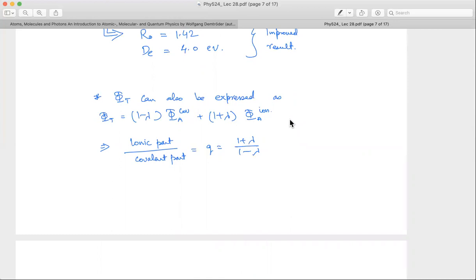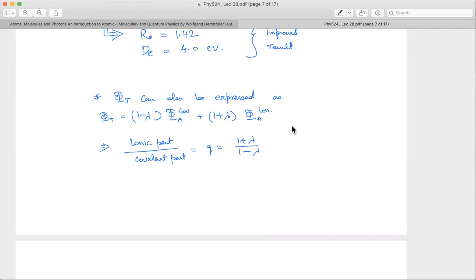If you look at this wave function, you can see that the choice of lambda determines how much stronger the covalent part is or how much stronger the ionic part is. That gives me one handle to explore where the covalent part will dominate and where the ionic part will dominate.